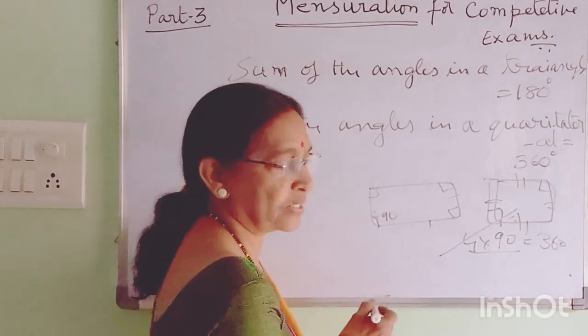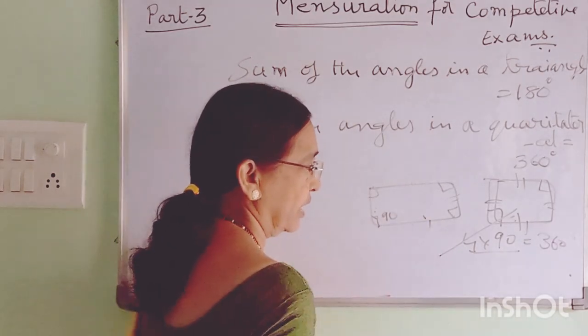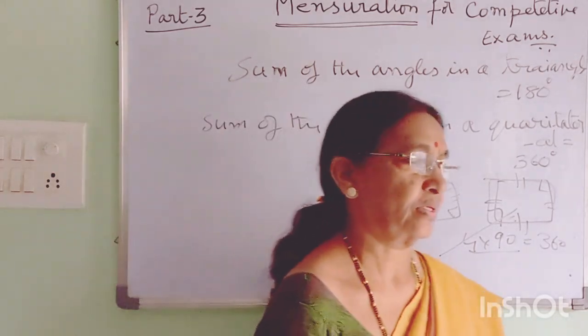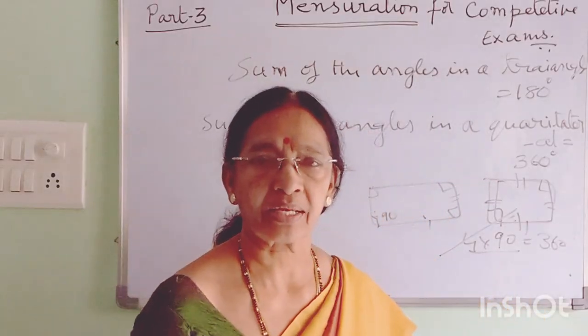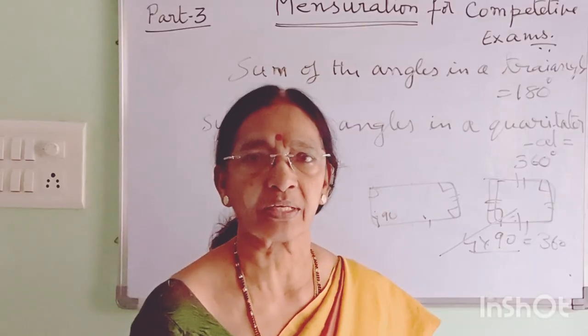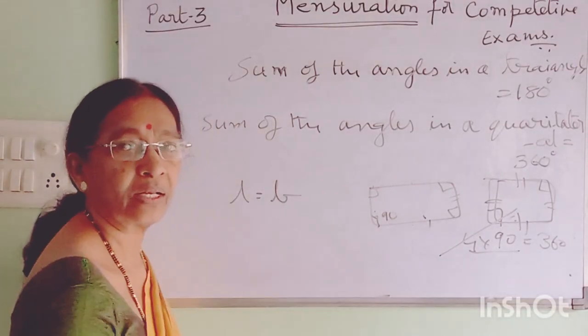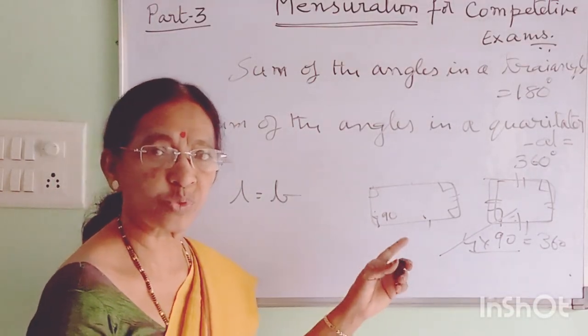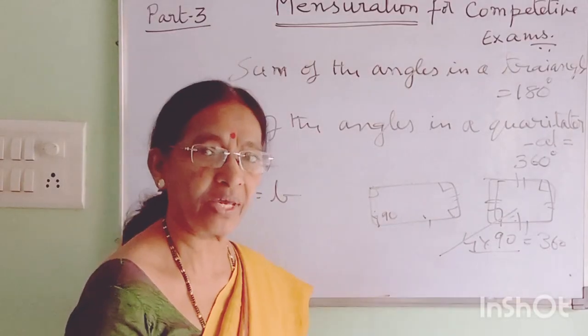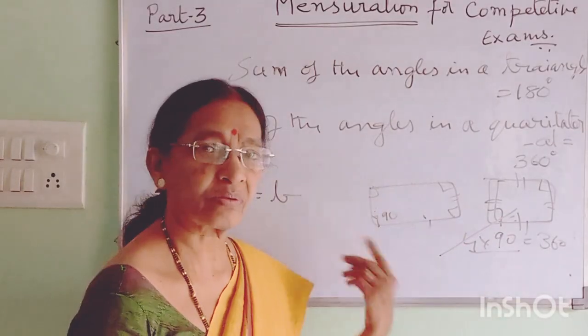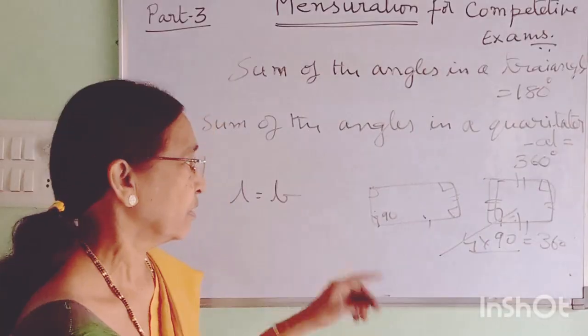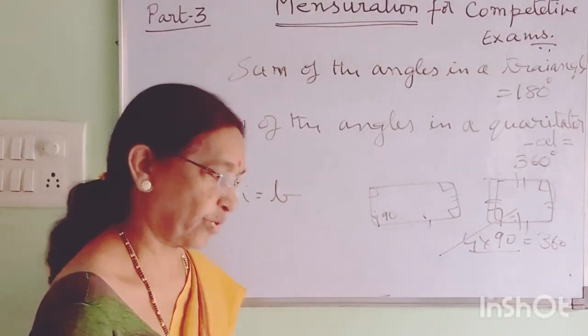Only the opposite sides are equal. So all the squares are rectangles, but all the rectangles are not squares. Only rectangles whose length and breadth are equal are squares.